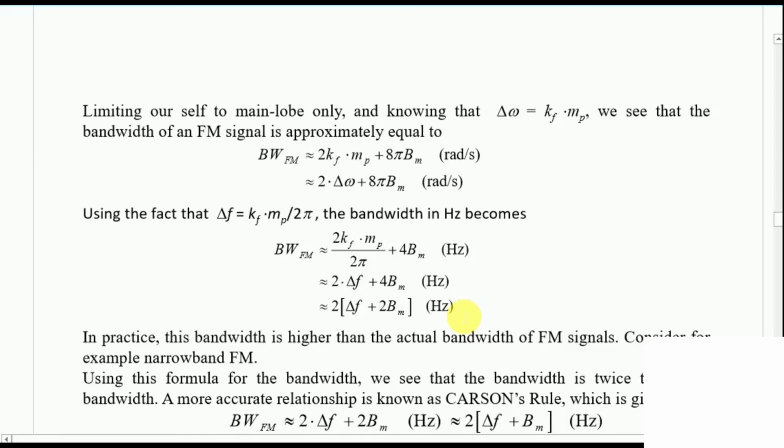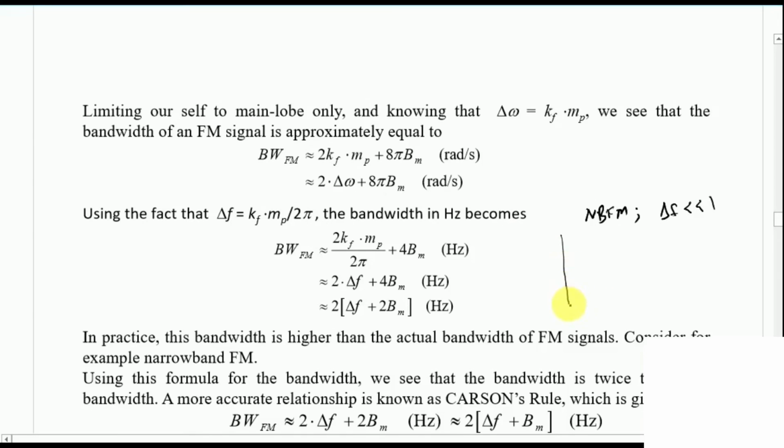Why is it so? As we have mentioned that this is generic, let us test this for narrowband FM. In narrowband FM, we say that the value of delta f is much smaller than 1, right?